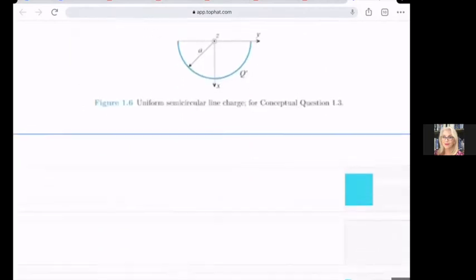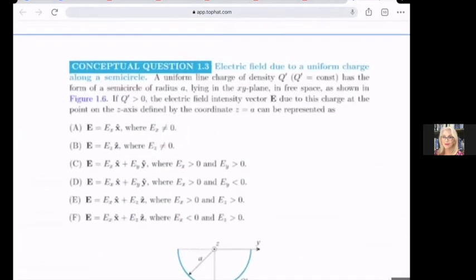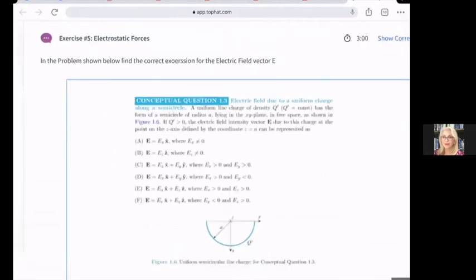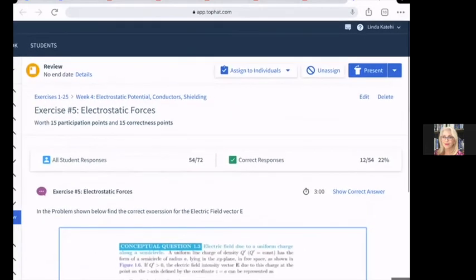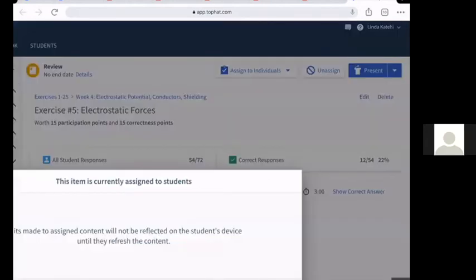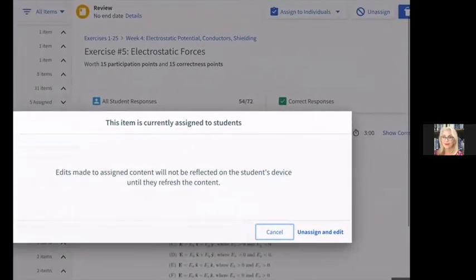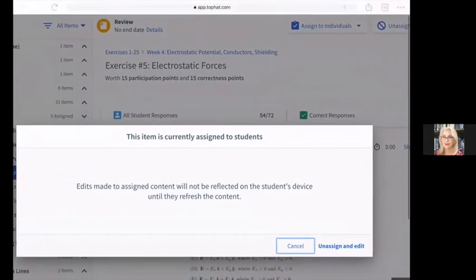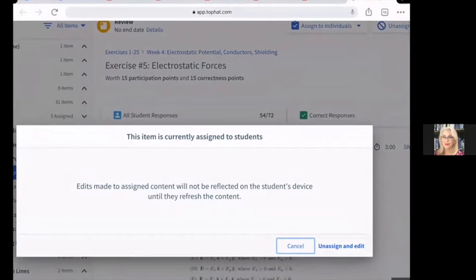What I can do in the problem in retrospect, what section are you in? 501. I can go and edit this. I took it for granted it was on the same plane.